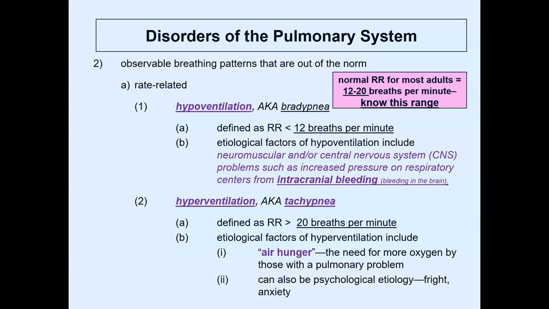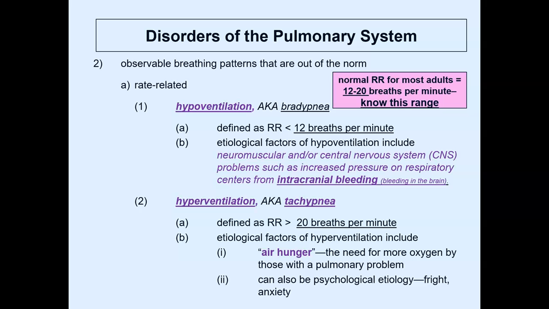The brain is the one that defines or decides how fast and how deep or how shallow breathing is going to be. And so therefore, anytime there's a problem within the head, an intracranial problem such as bleeding or a high intracranial pressure, then that can cause an alteration in the respiratory rate.